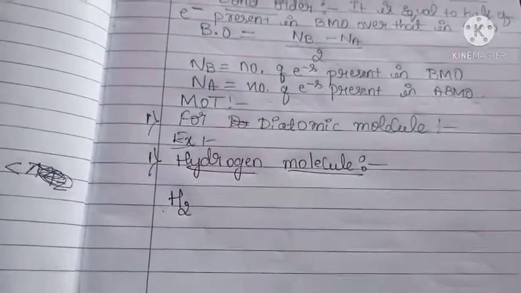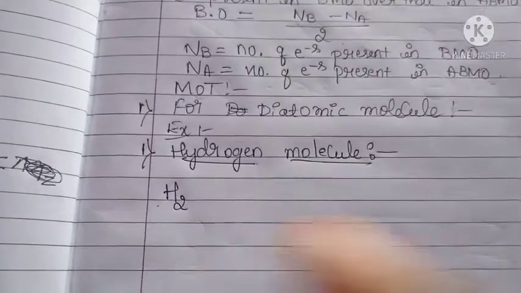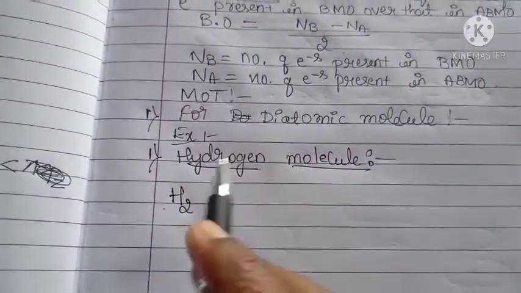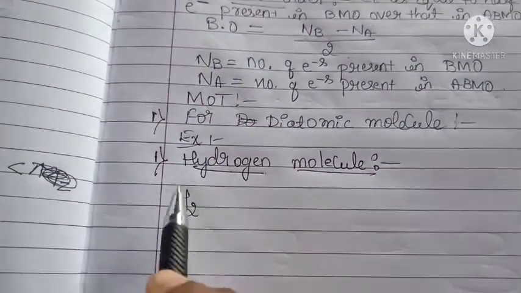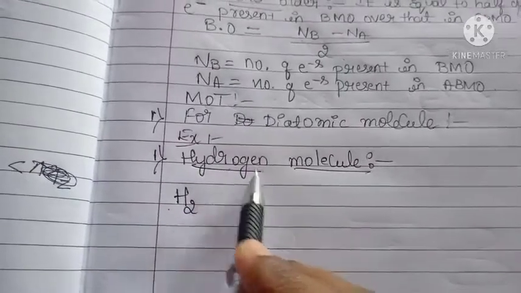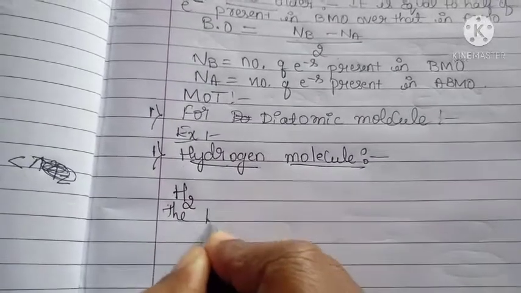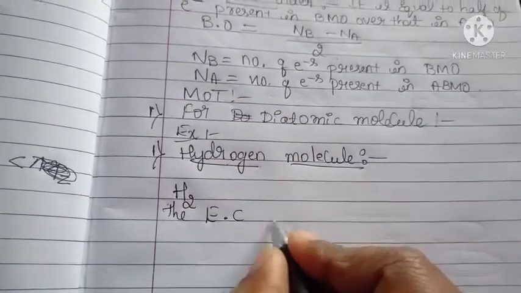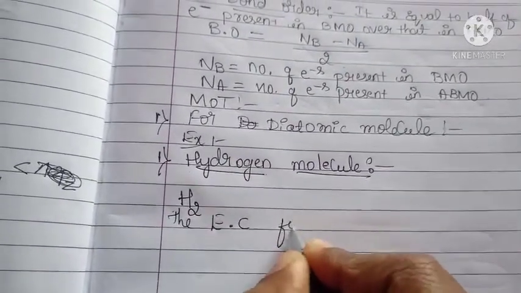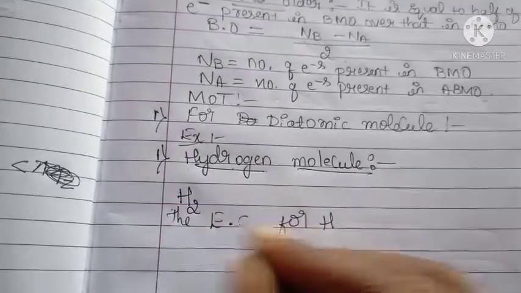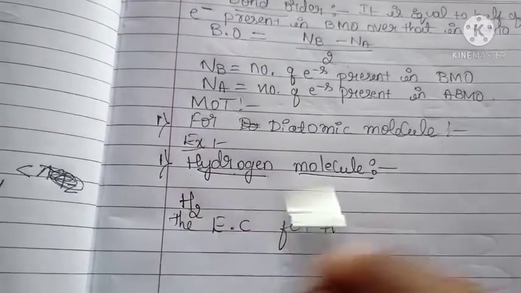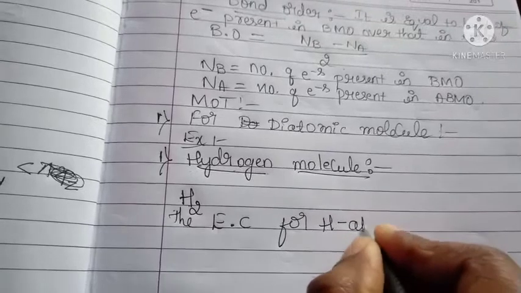First you have to know the molecular formula of the given molecule. Here they are giving hydrogen. I am not talking about the hydrogen molecule, I am talking about the hydrogen atom.